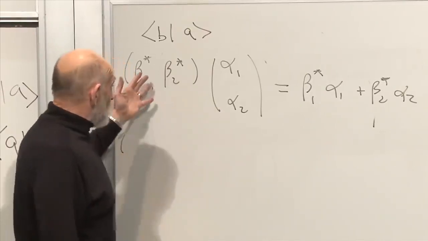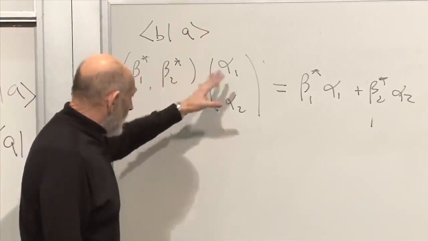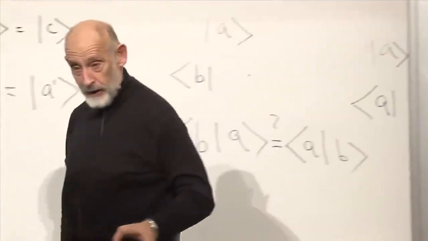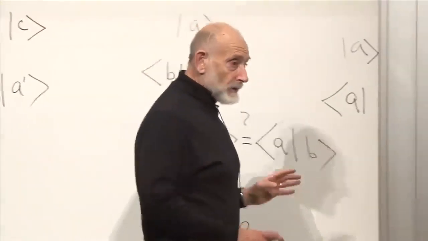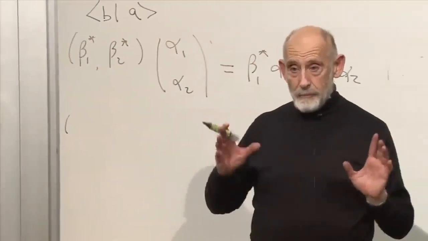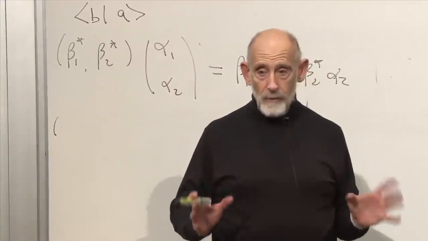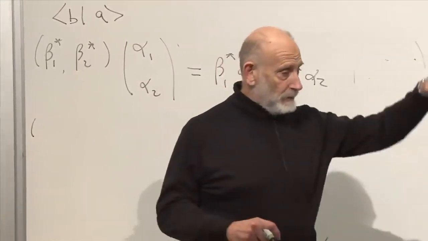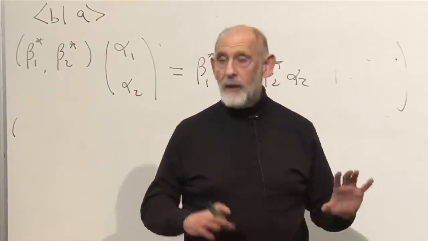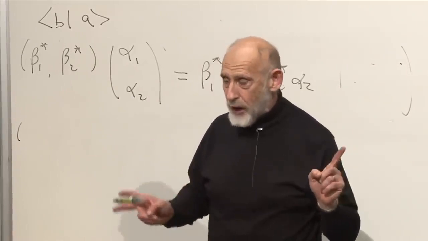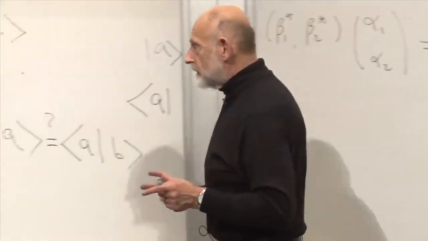So it's actually just a generalization of multiplying beta times alpha, but it's also a generalization of the dot product. If you remember about dot products of ordinary vectors, you simply take the sums of the products of the components. If you have two pointers and they're labeled by components, then the dot product is just the sums of the products of the components.